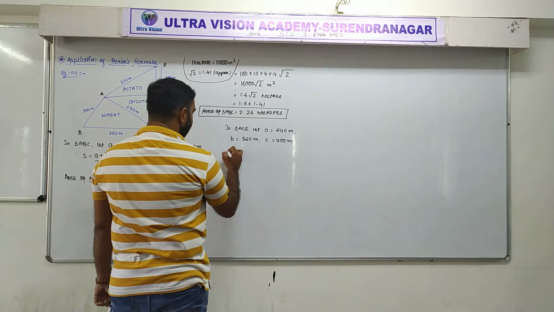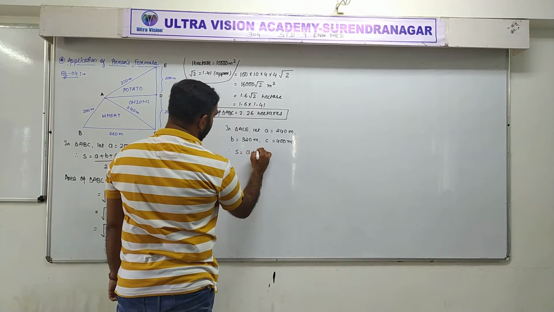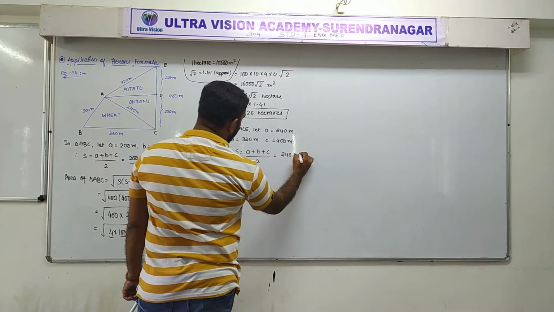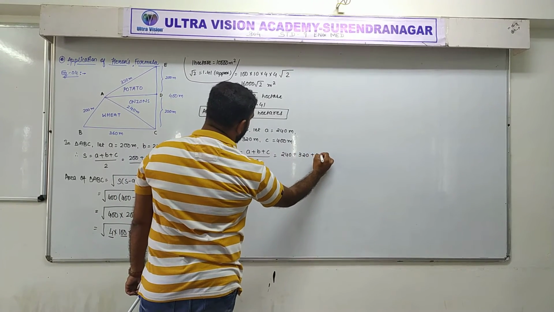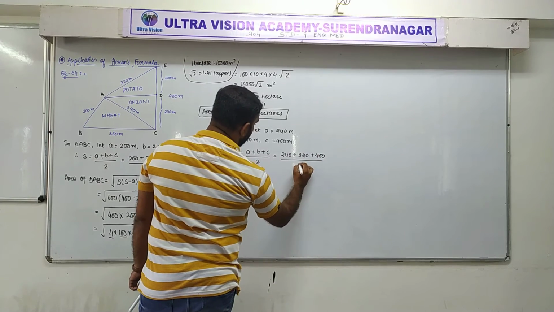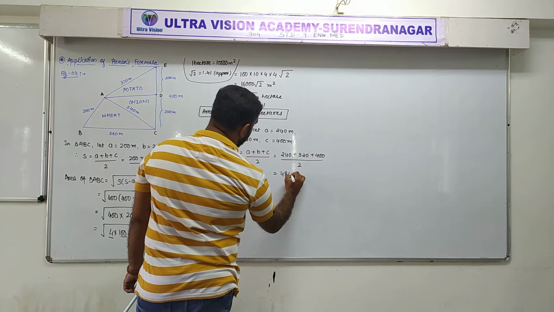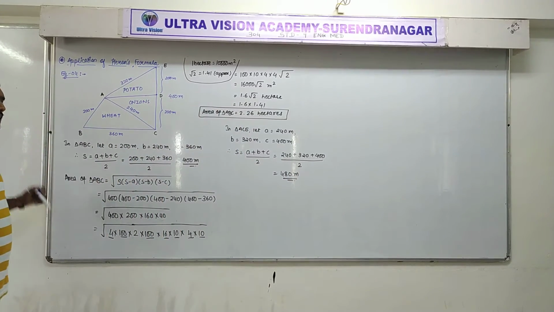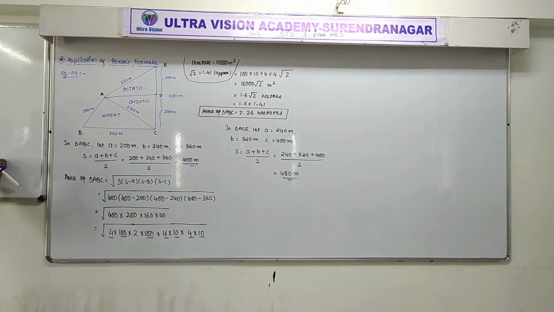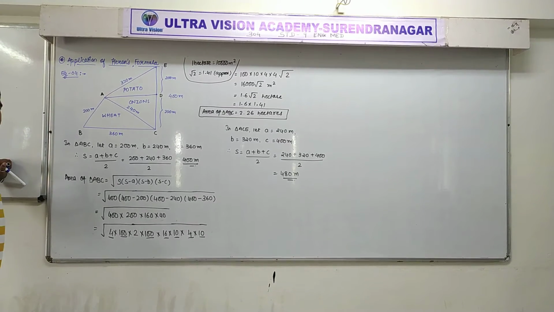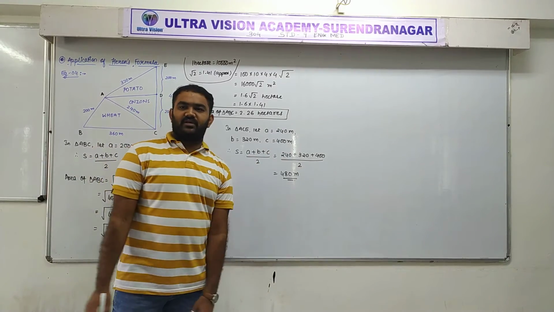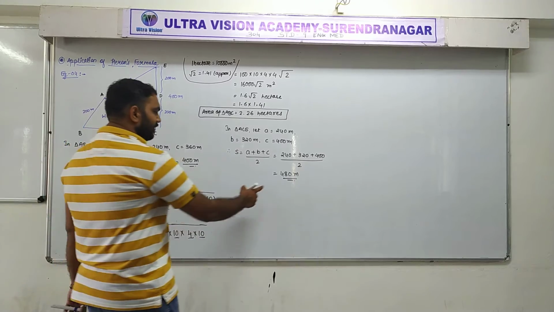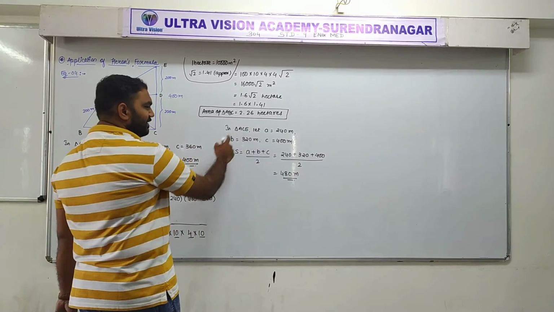Let us find S, which is (240 plus 320 plus 400) upon 2. The addition is 960, divided by 2 is equal to 480 meters. So we got S for this triangle ACE.